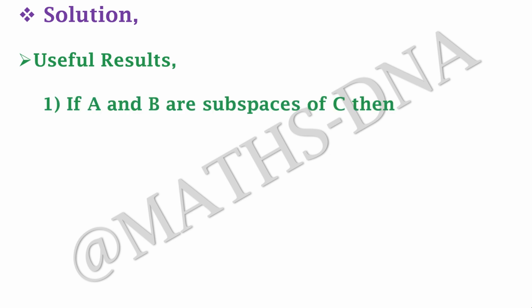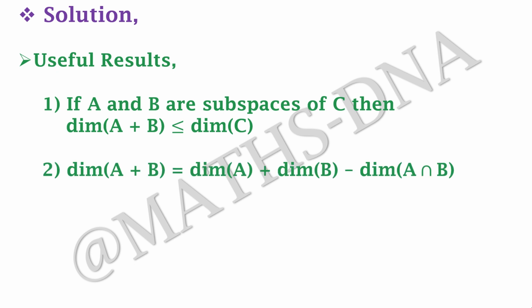The first is, if A and B are subspaces of a vector space C, then dimension of A plus B is always less than or equal to dimension of C. The second result is dimension of A plus B is equal to dimension of A plus dimension of B minus dimension of A intersection B. This is a well-known result.